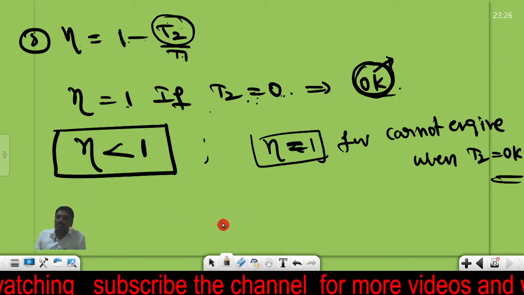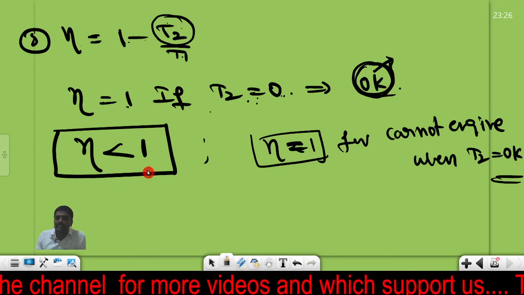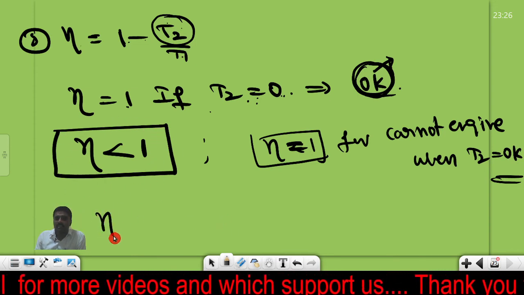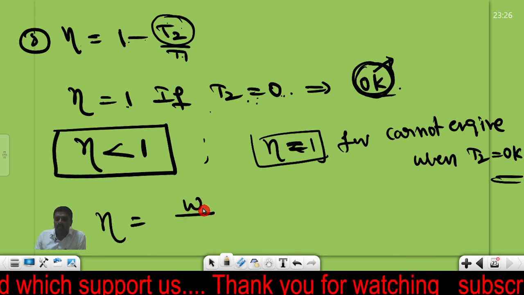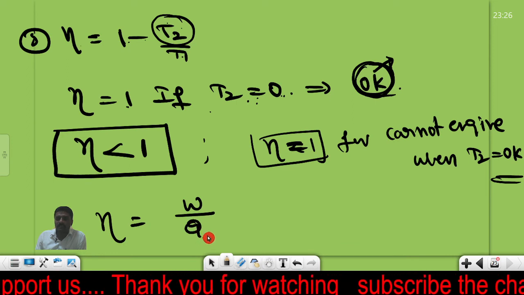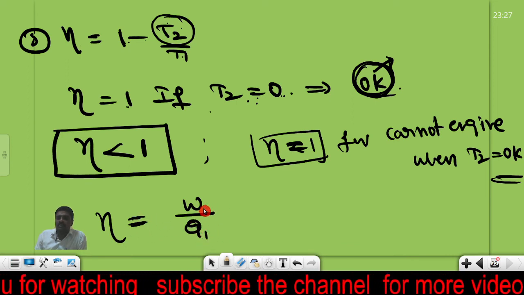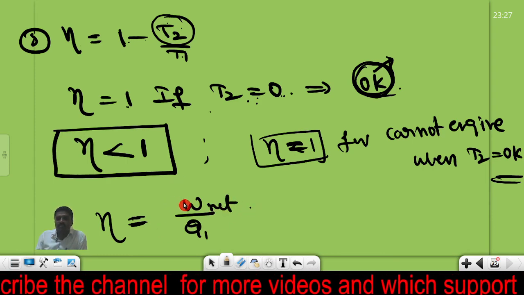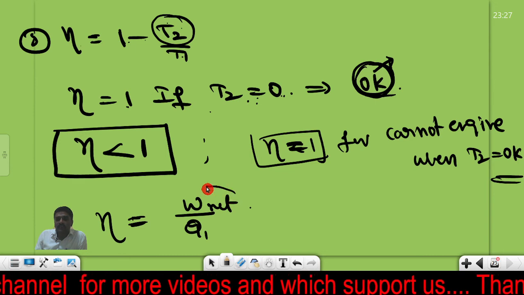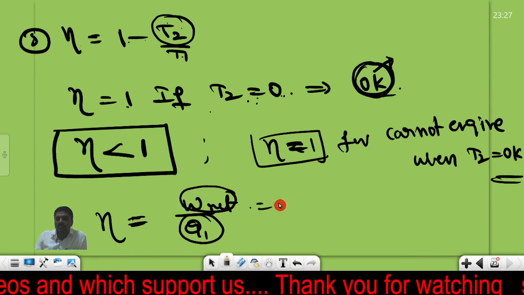Now let me go to this heat engine, where eta is lesser than 1. I am writing the eta formula: eta is equal to net work done divided by heat supplied to the system. So if these two values were equal, then only eta would be equal to 1.